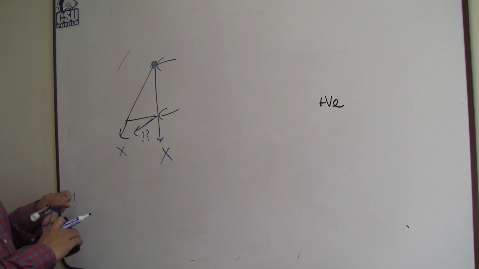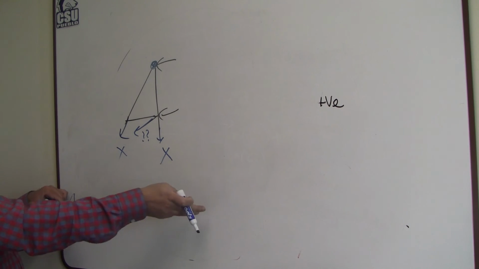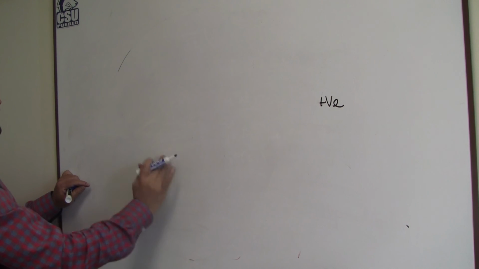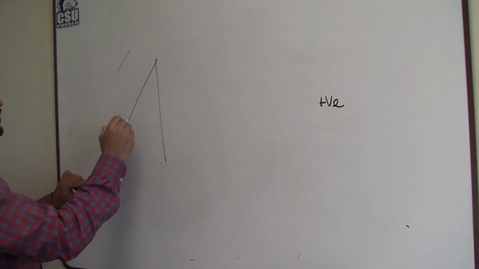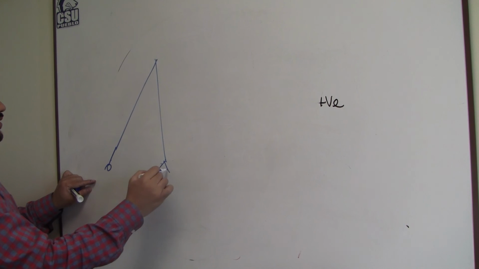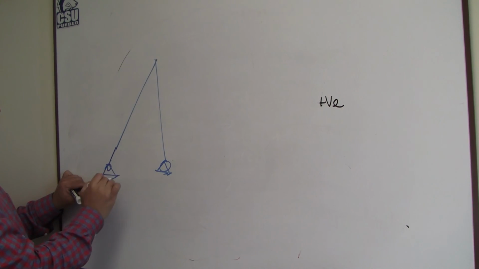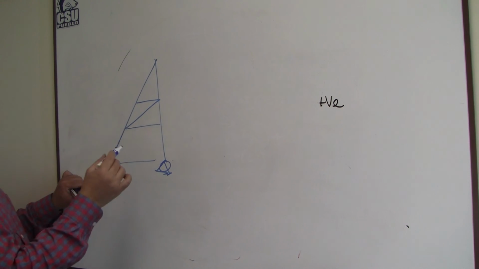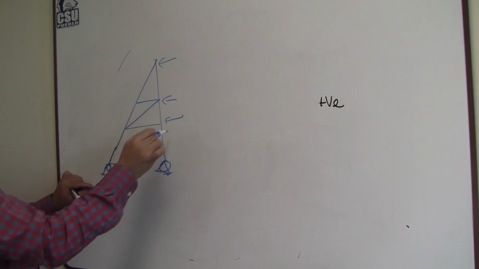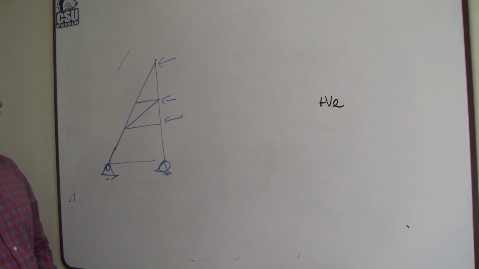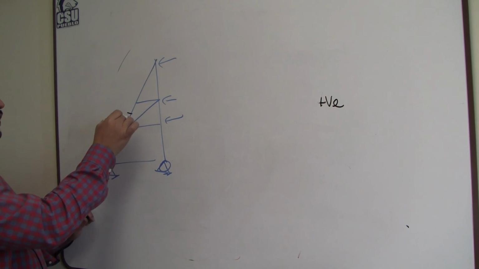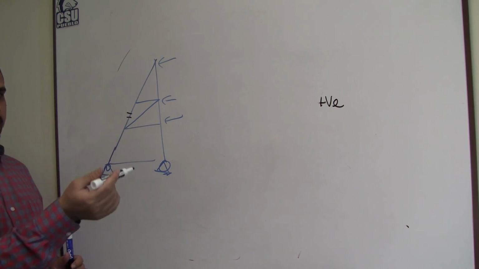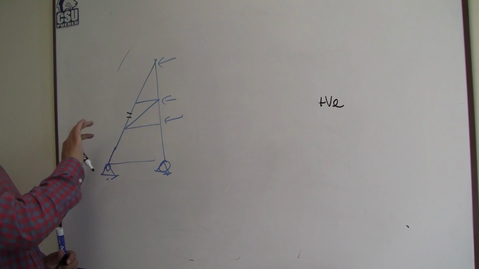Now if the question asks about this side, take moment on the other side. Say this is my truss. I forgot what I assumed. Okay, assume this one. My truss was similar to this. I have force here, force here. If the question asks what is the member force on this side, I told you to take moment on the other side.